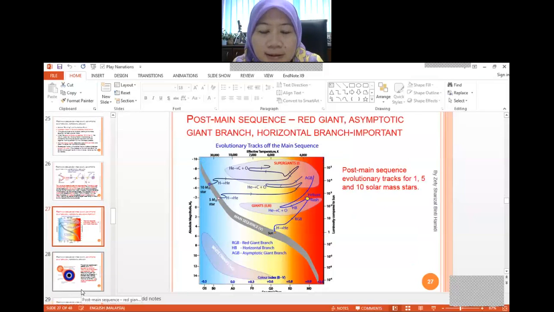This is a good example of the HR diagram that shows the post-main sequence, and it has the process of the red giant, asymptotic giant branch, and also the horizontal branch at the same time. Once the stars move off the main sequence, they go to the red giant branch, a process where the core becomes helium inside.